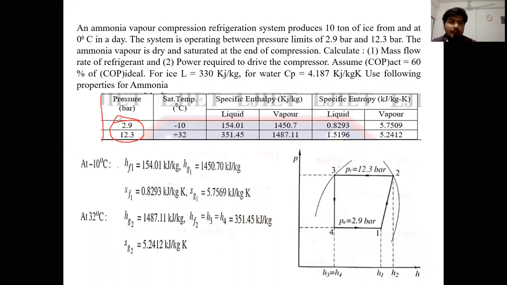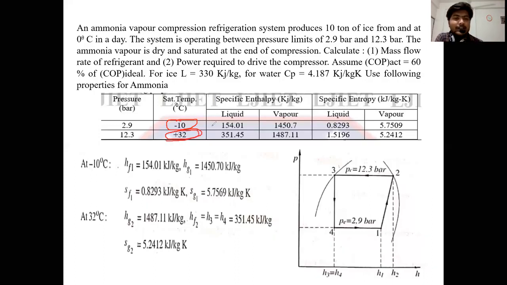So all the data corresponding to 2.9 bar pressure and 12.3 bar pressure. The saturated temperature is minus 10 degree, that means the evaporator side, which we require. And 12.3 bar pressure corresponds to 32 degree temperature.